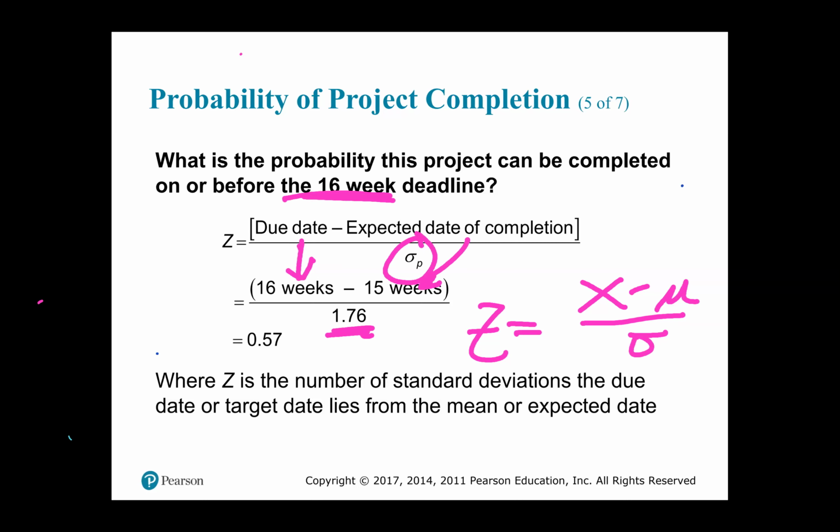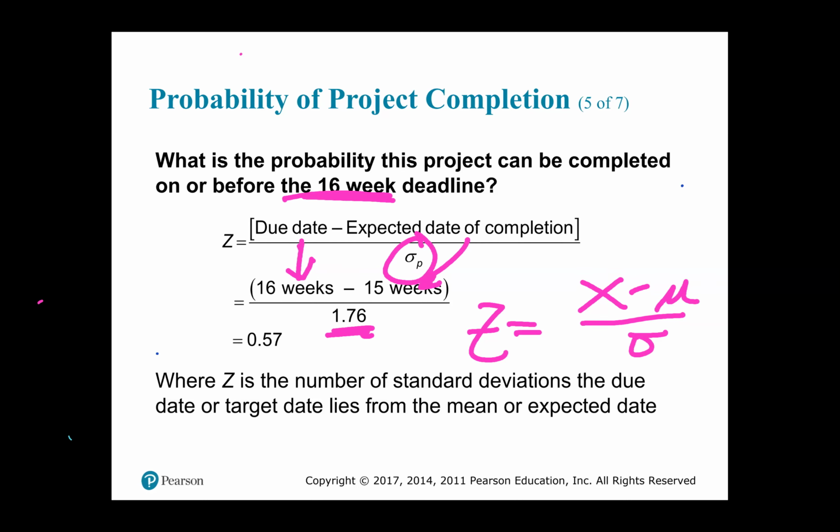Sigma p, the standard deviation of the project, you would have found from finding the variance of each of the activities on the critical path, summing the variances of those activities, and then square rooting that summed value.